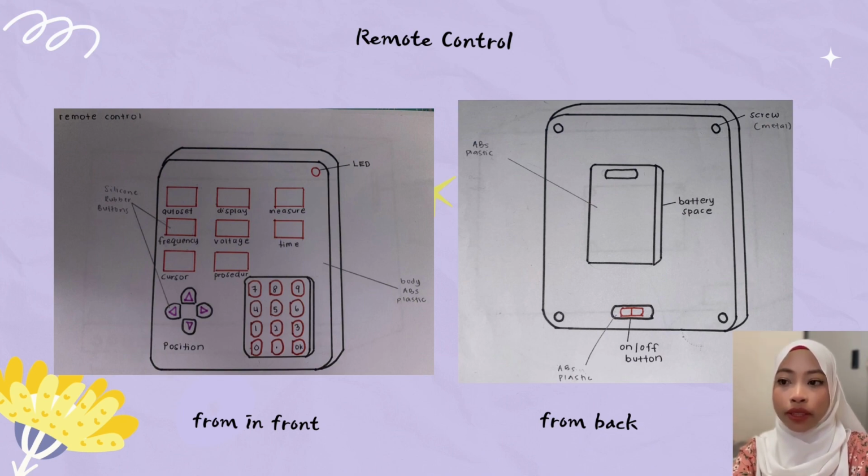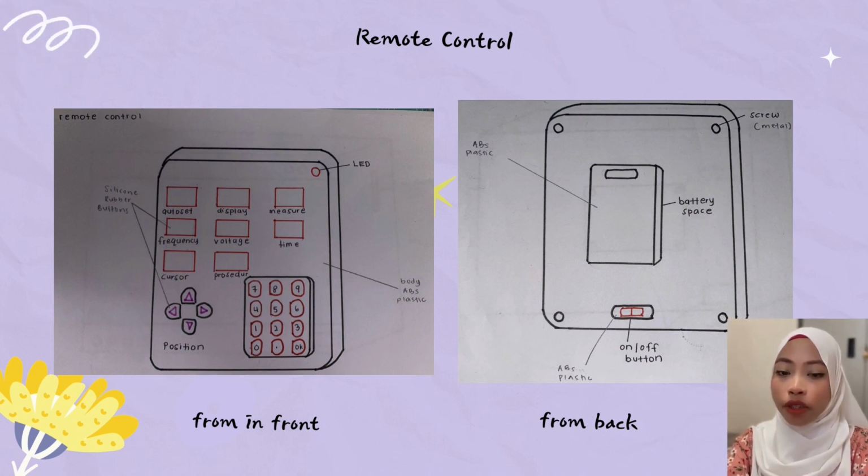The frequency button is to find the frequency of the waveform and also choose the unit such as kHz, Hz and megahertz. The voltage button measures the voltage of the wave and has more units, for example VPP, VP, VRMS, Vmax and Vaverage. The time button is to find the time division and period.